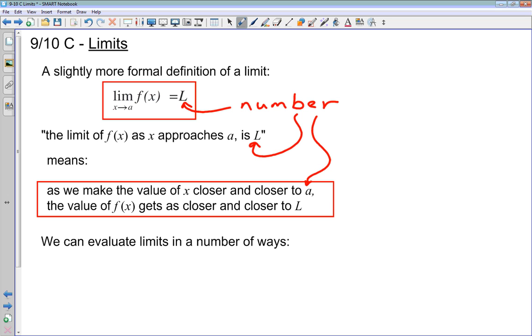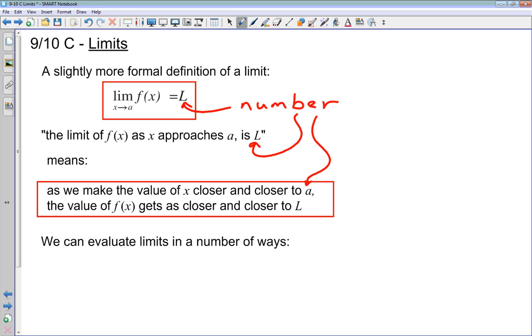The value of our function, f at x, that we calculate using those values of x, is going to get closer and closer in value to some other number. If that is the case, we can say that number L is the limit of that function as x tends to a.